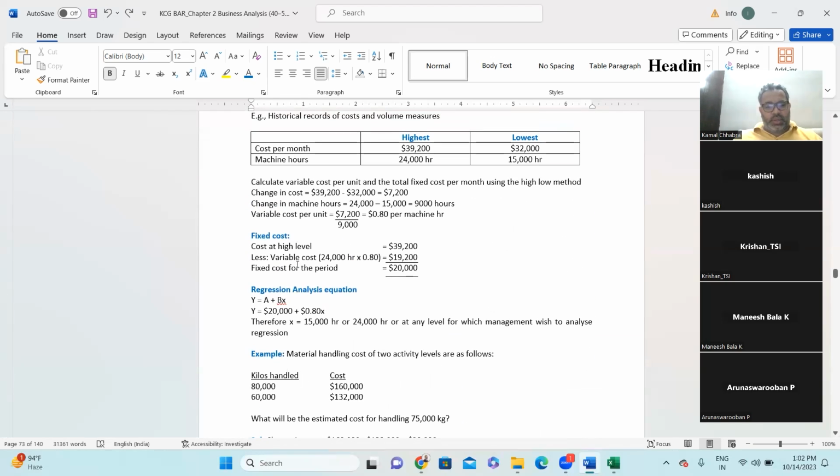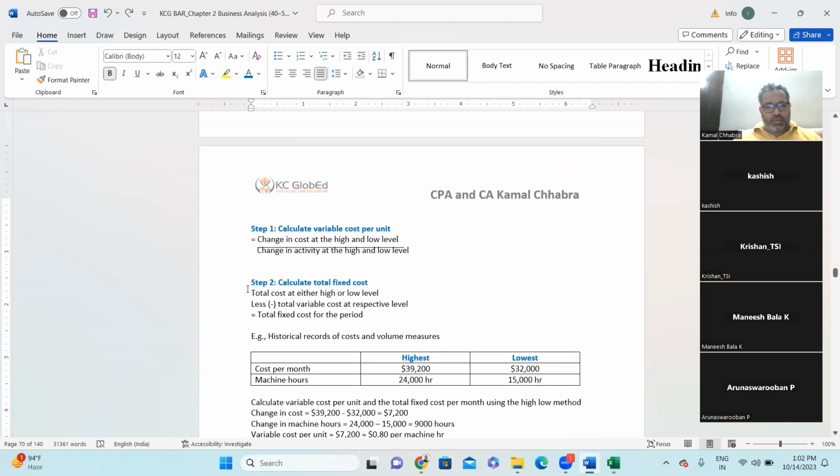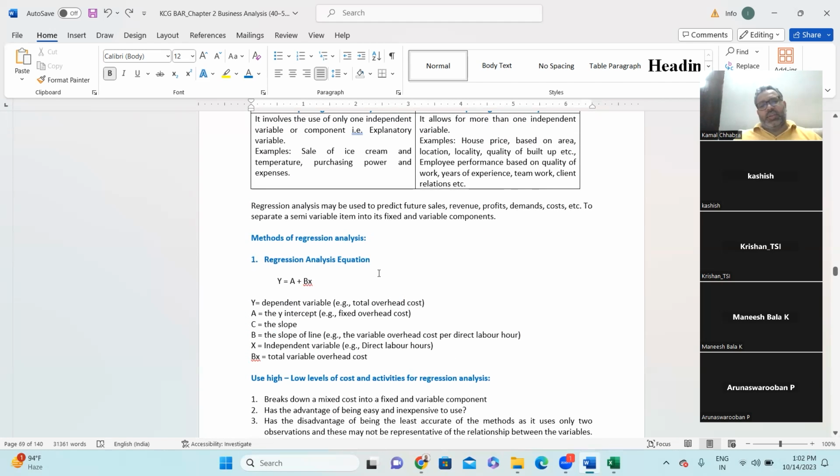So first is the regression analysis equation. The regression analysis equation is y equals a plus bx. That's the formula, where y is the dependent variable for which you need to calculate the value. A, the y-intercept, is your fixed overhead cost. B is the slope of the line, that is variable overhead cost per direct labor hour, basically the variable cost.